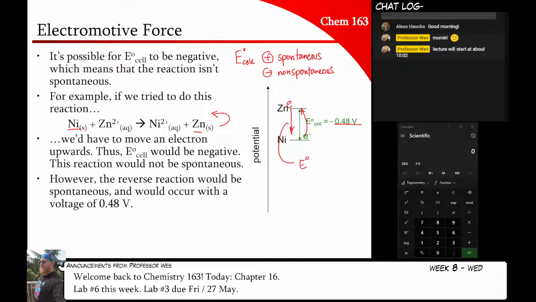And this would be a positive number. So when you flip the reaction around, you flip the sign on E for that reaction. That's going to come in handy in just a little bit when we start trying to construct cells out of any two substances we want to on the standard reduction potential chart.